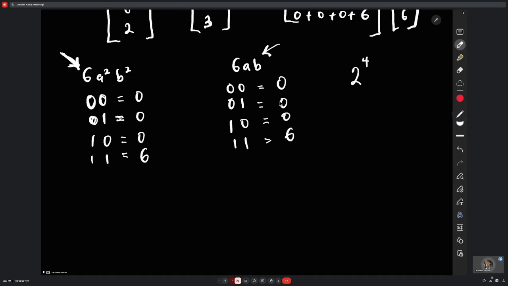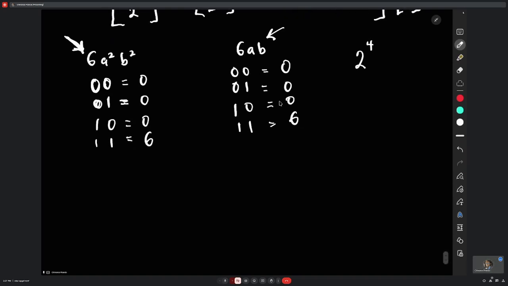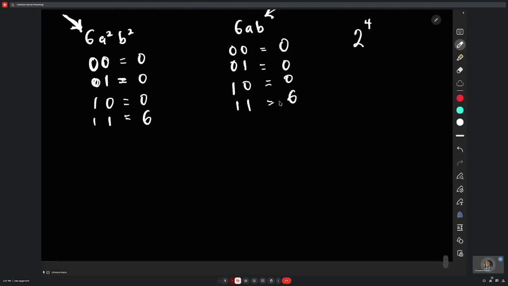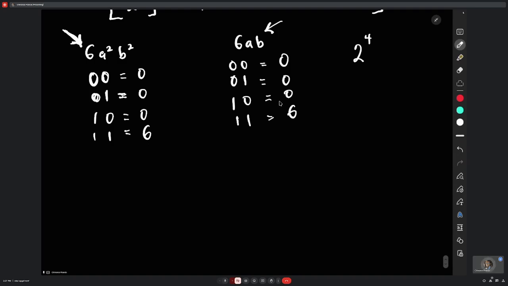I'm saying fidelity now, you may not understand, but when it eventually starts making sense graphically, you'll be able to understand what I'm saying. But then let's see, still 6ab and a squared b squared. Let's represent it over the interpolating set 0, 1, 2, not 0, 1 again. So we're using 0, 1, 2.